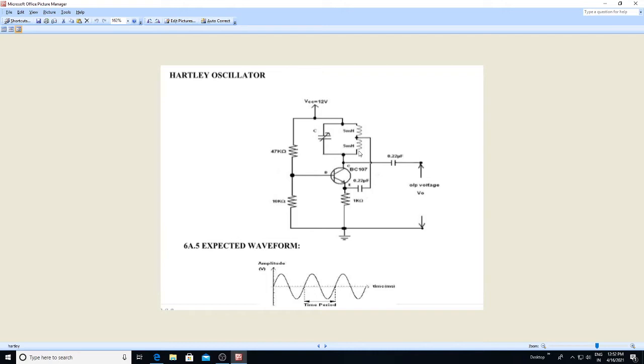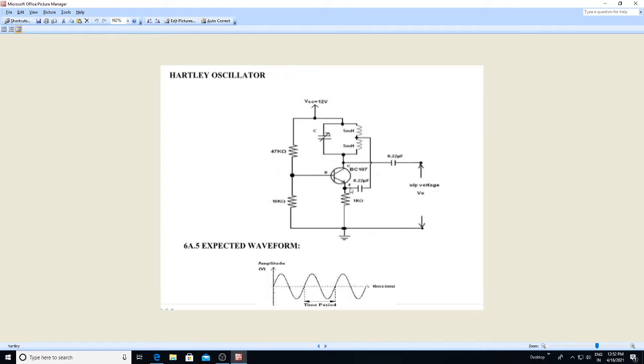The distinguishing feature of the Hartley oscillator is that the tuned circuit consists of a single capacitor in parallel with two inductances in series. The feedback signal needed for oscillation is taken from the center connection of the two inductors, and the frequency of oscillation is approximately the resonant frequency of the tank circuit.